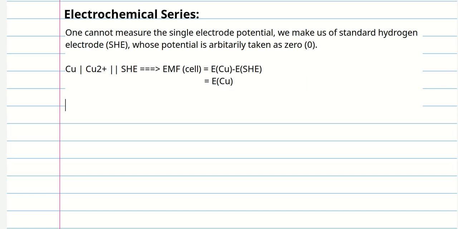So what is an electrochemical series? An electrochemical series is nothing but an arrangement of these values in a particular order.